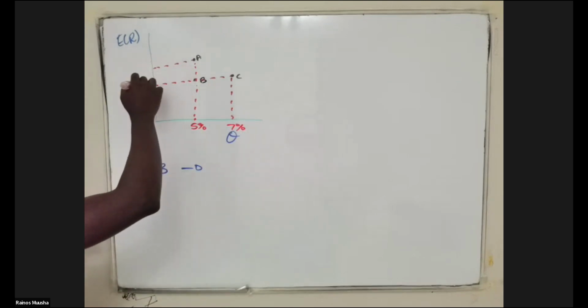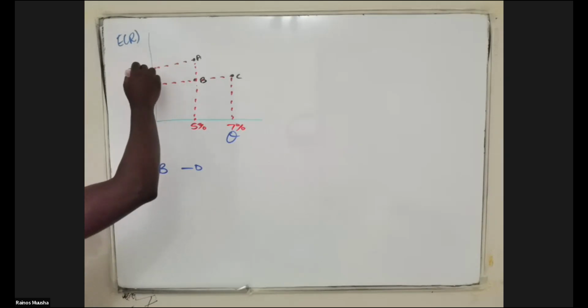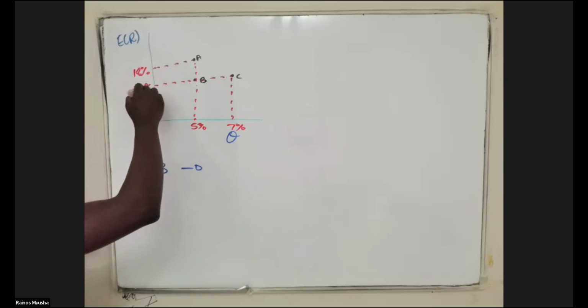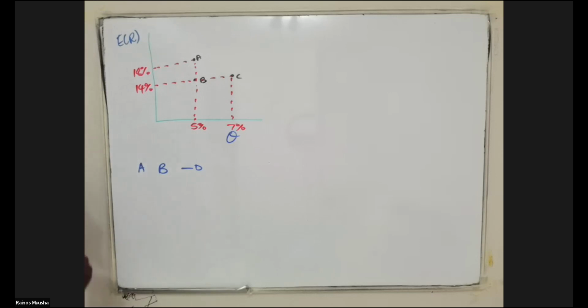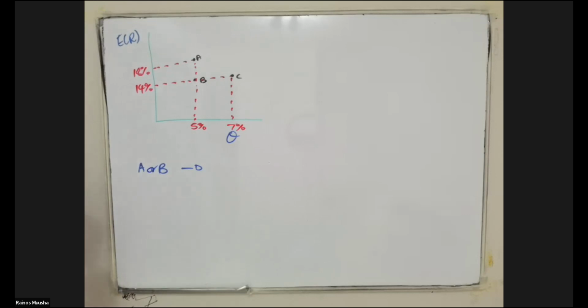The expected return is 14% here, and the expected return is 18% there. So given this information, which of the two assets would you choose, and why?